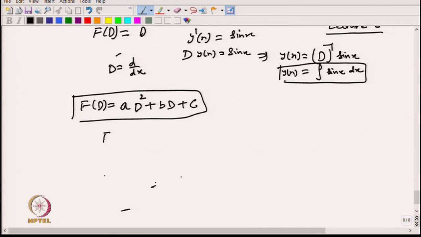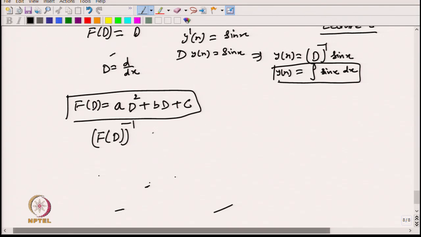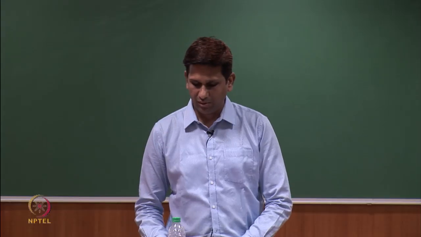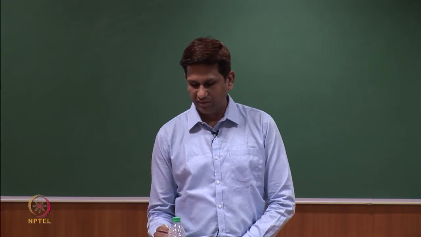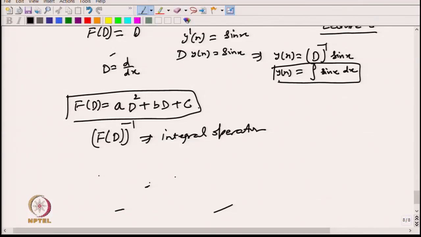Now, what will happen if I want to define the inverse of this one? This is the differential operator and its inverse we generally call the integral operator, because we know that integration is also sometimes called the antiderivative. Now, the question comes: how to find the F(D) inverse for any differential operator?